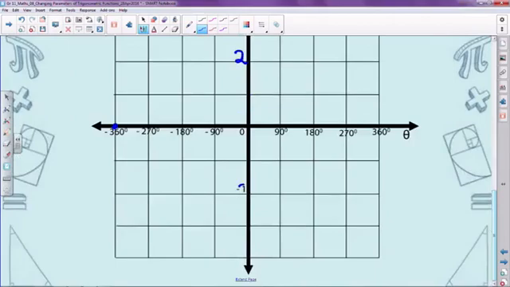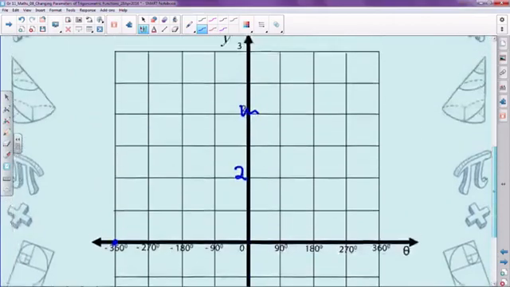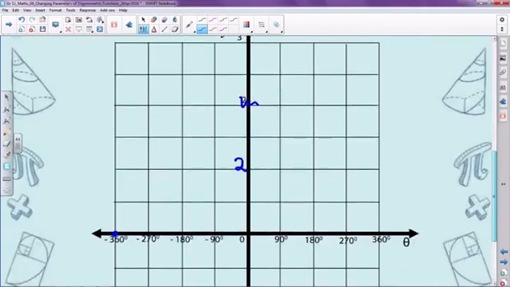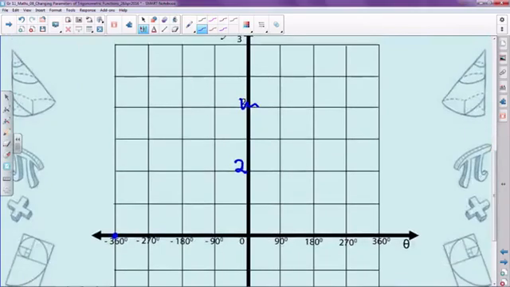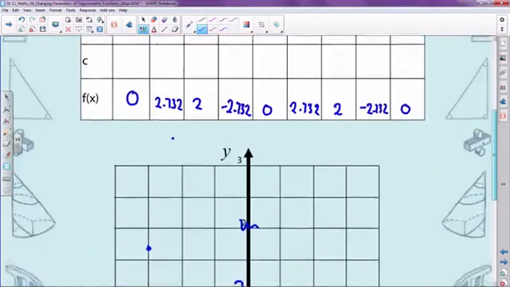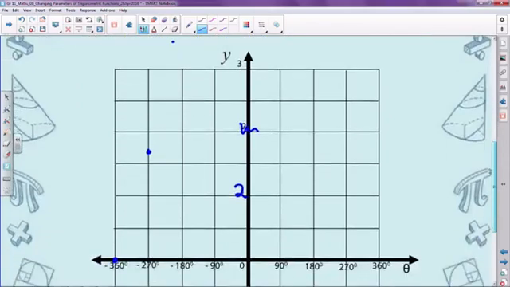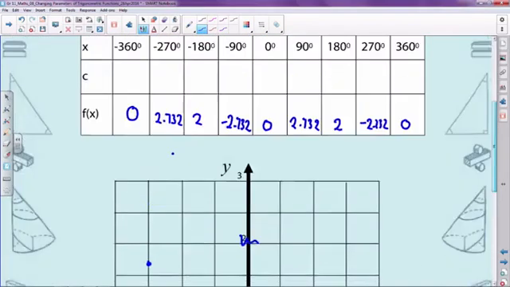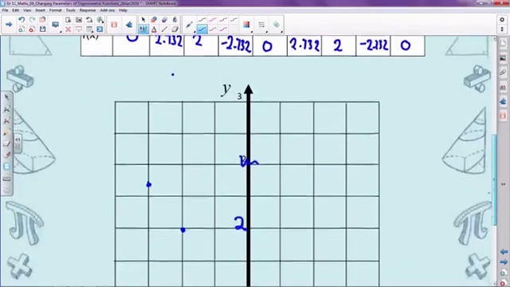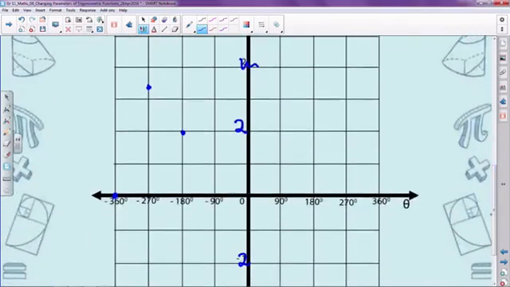And then this is minus 2. Right. Negative 2.732, so it's slightly up. And then the next one is 2, minus 180, and then 2. And then minus 90, negative 2.732.